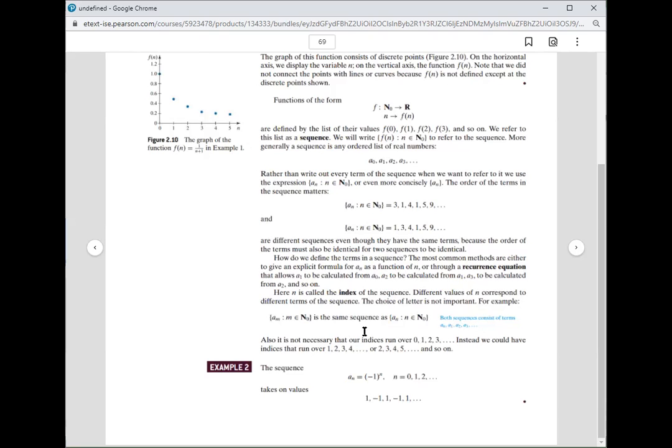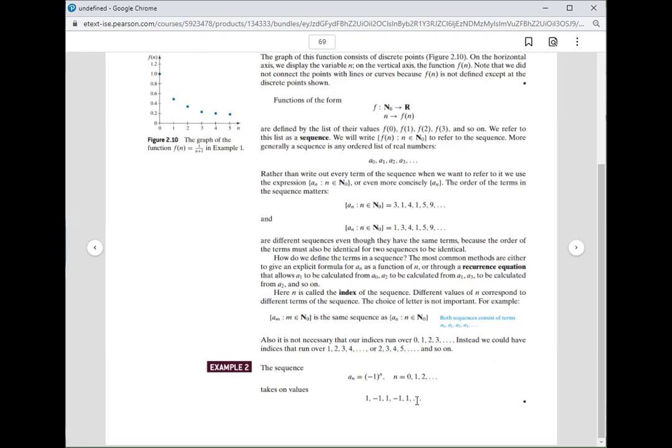It is not necessary that our index runs over 0, 1, 2, 3. Instead, we could have indices that run over 1, 2, 3, 4, and so on.